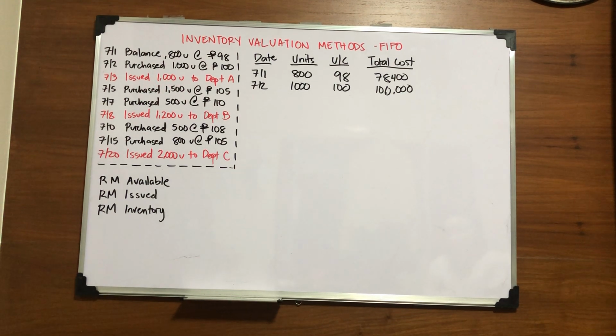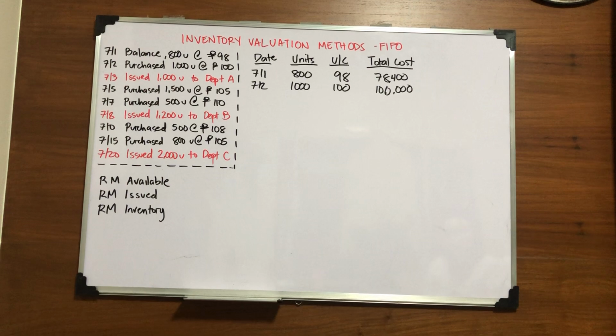For 1,000 units of issuance, you would need to empty out first your July 1 transaction. And if there is any remainder, you get it from your July 2 transaction with the unit cost of 100 pesos. When you split 800 and 200, you should be able to get units issued equal to this transaction.